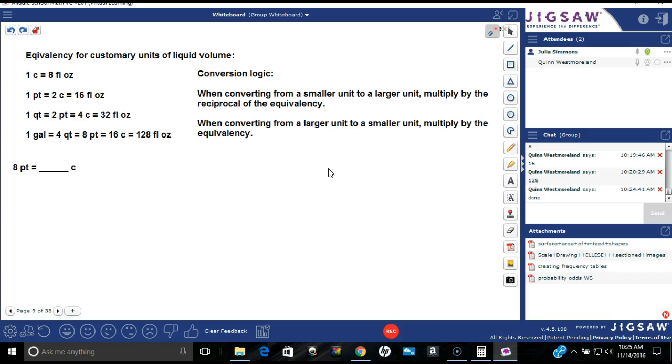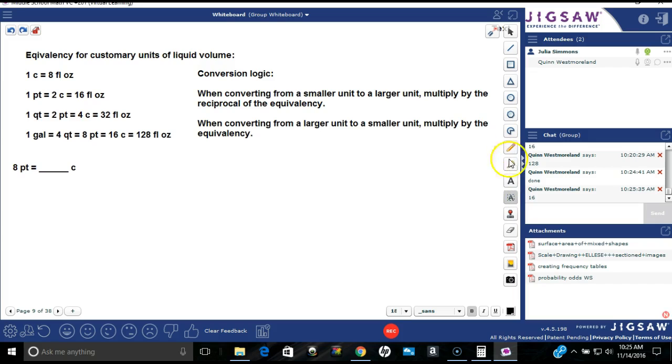So for converting 8 pints to cups, what would the answer be? 16.